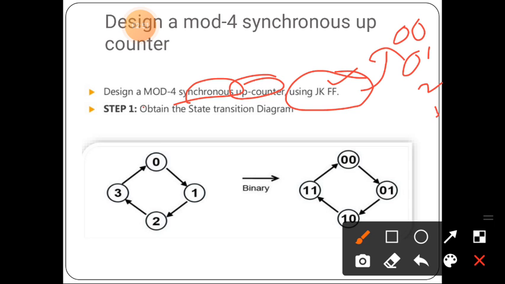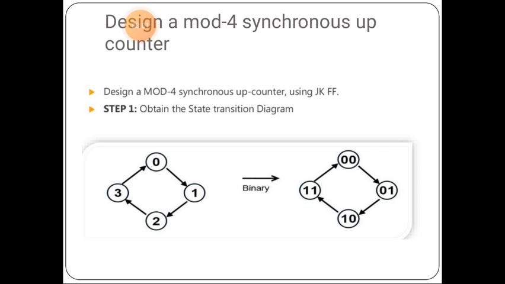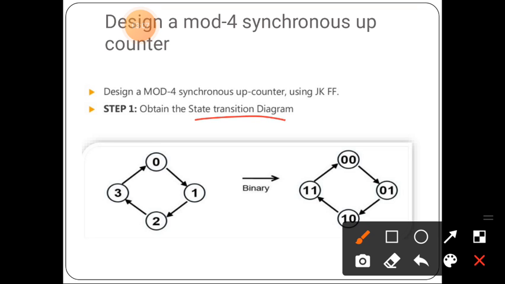So what is a mod 4 counter? A mod 4 counter means it has 4 states. So here the first step is to obtain the state transition diagram. For that, how many states are there?